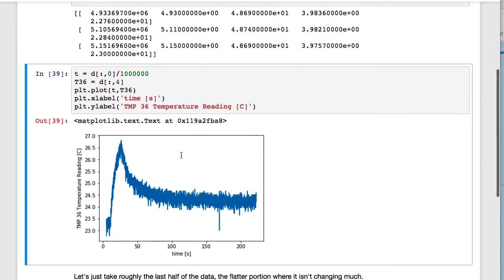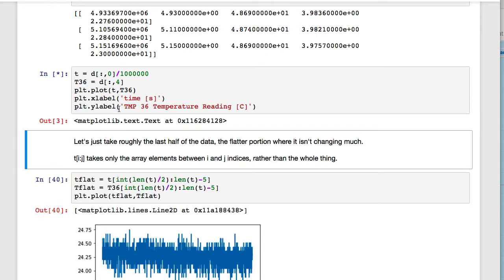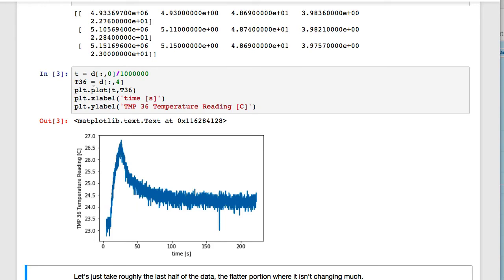This example is out there as part of the assignment file set. And then if I plot it, this is just plotting time against the temperature from the TMP36, and we saw it warmed up and then it cooled down.